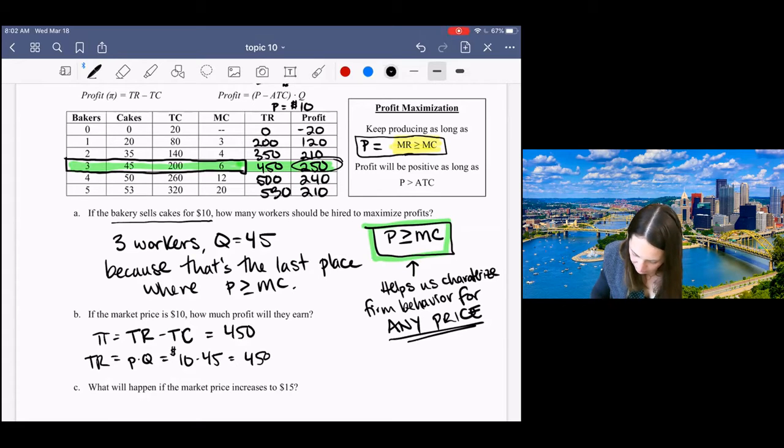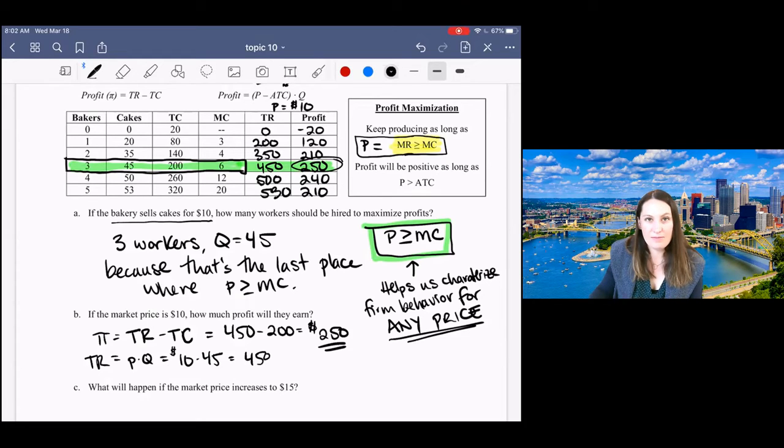So I've got $450 minus my total cost. I can just read off of my graph here, but that would be all of your fixed costs plus all of your variable costs. That's $200, and that's how I get a profit of $250.